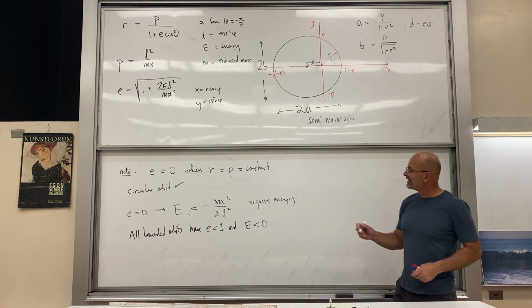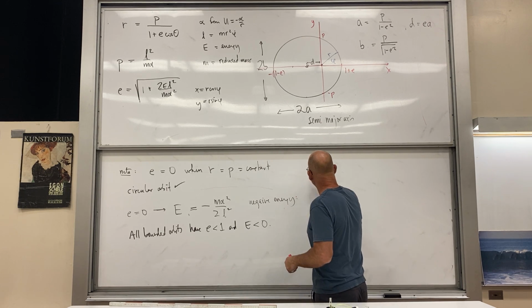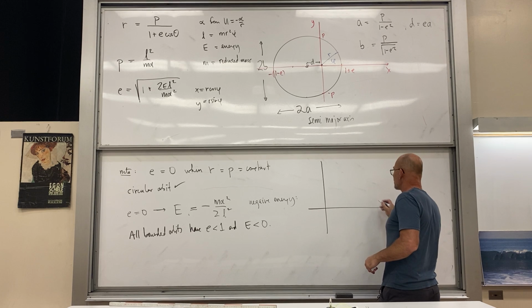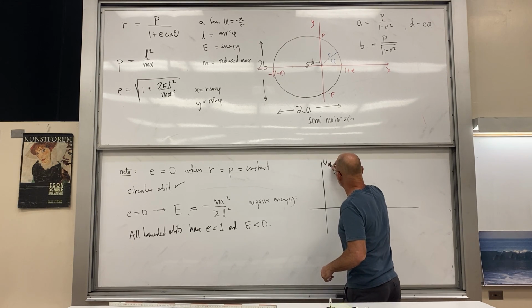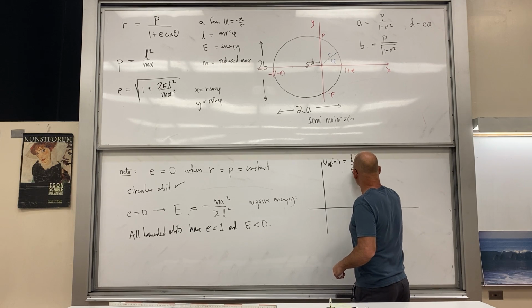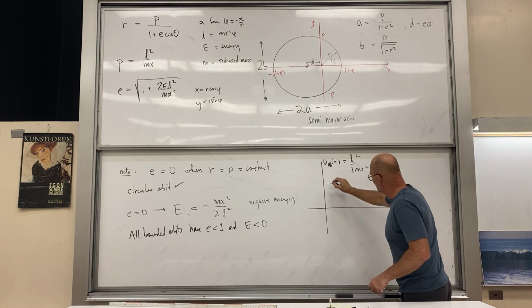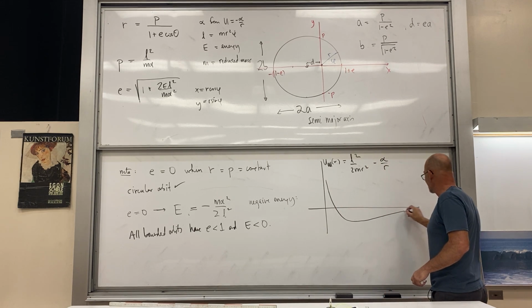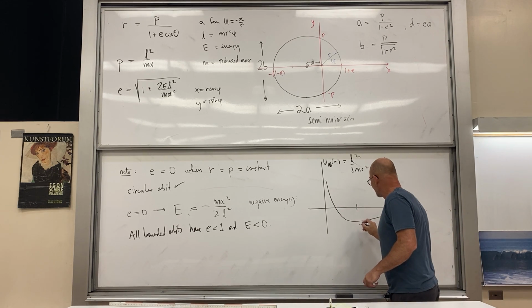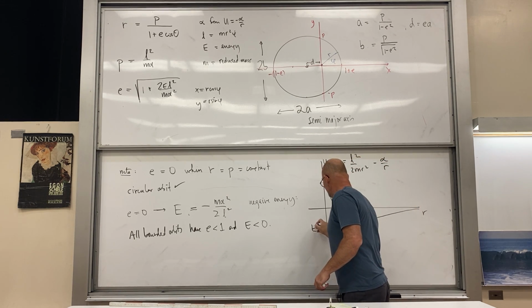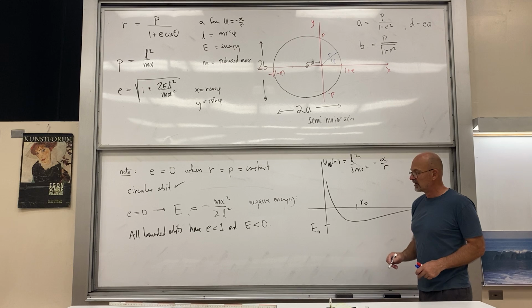So where have we seen that before? We've seen it before in the effective potential. And I'm going to go back to the effective potential of R, which was L squared over 2mR squared minus alpha over R. It looked like this, and we had said that at this R sub 0 here, there was an E sub 0.